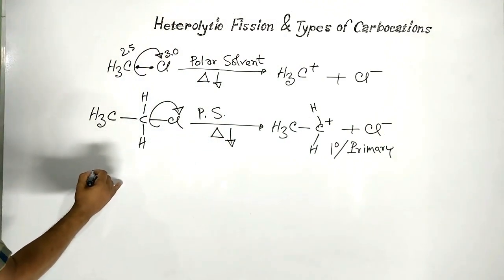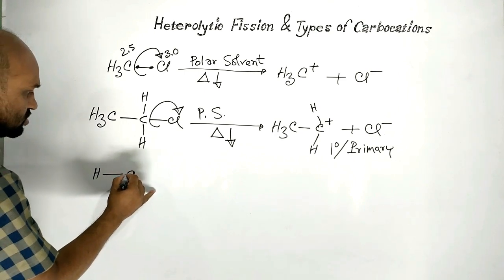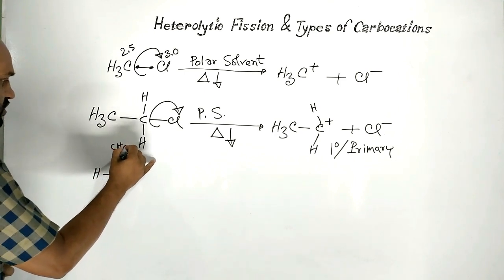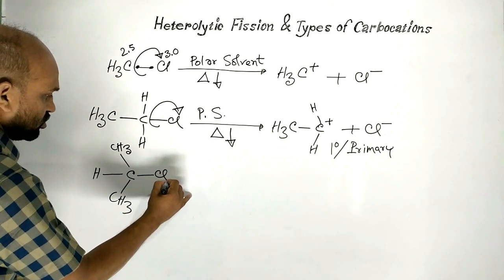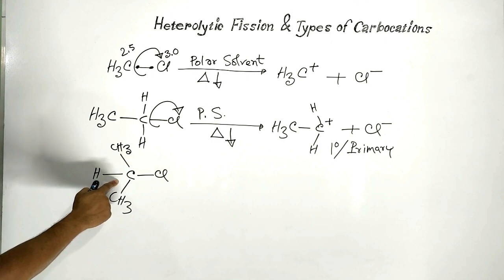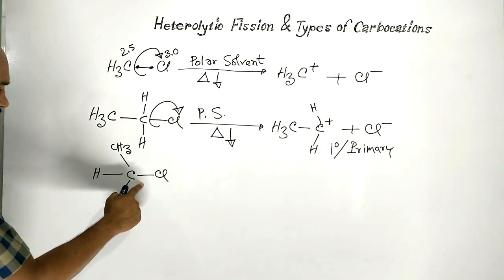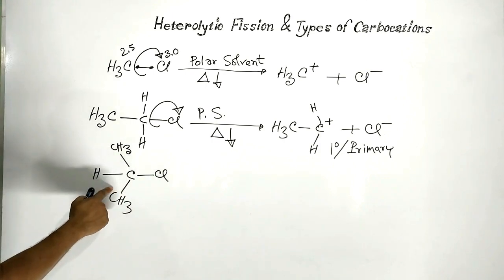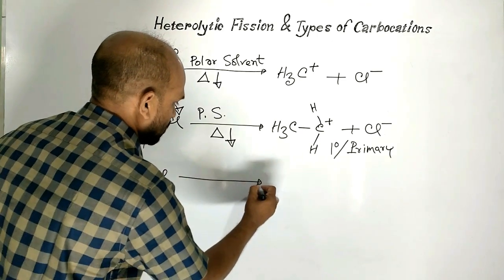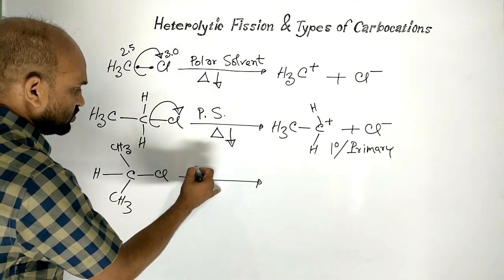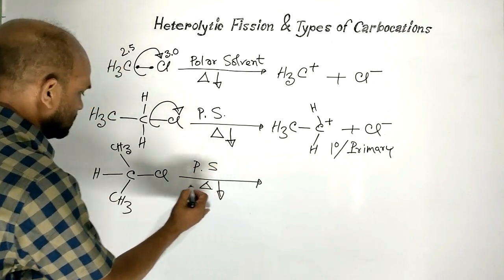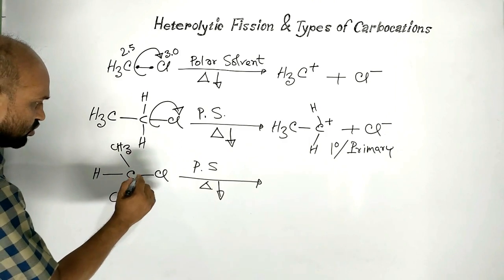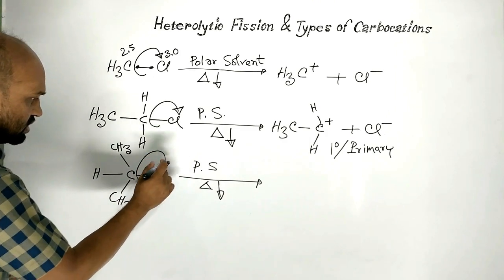Again, let us take another organic compound, hydrogen, carbon, here methyl group, chlorine. This is isopropyl chloride or 2-chloropropane. When this compound is treated in presence of polar solvent at low temperature, then this carbon chlorine bond undergoes heterolysis.